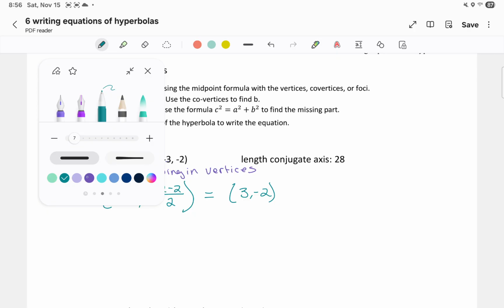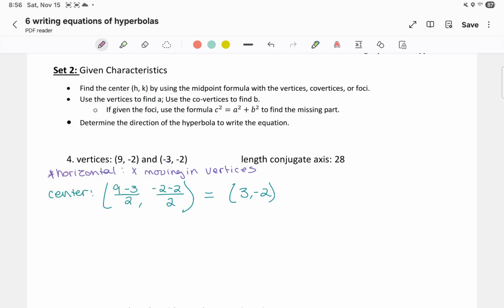And so we have then to find our distance. So that is going to be our transverse axis. And so that is going to be 9 minus 3, which is 6. So A is 6 over 2, which is 3.